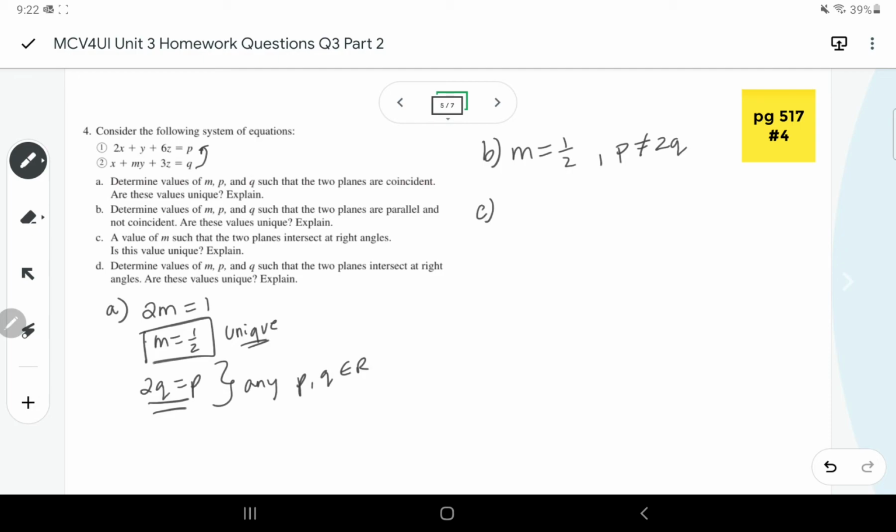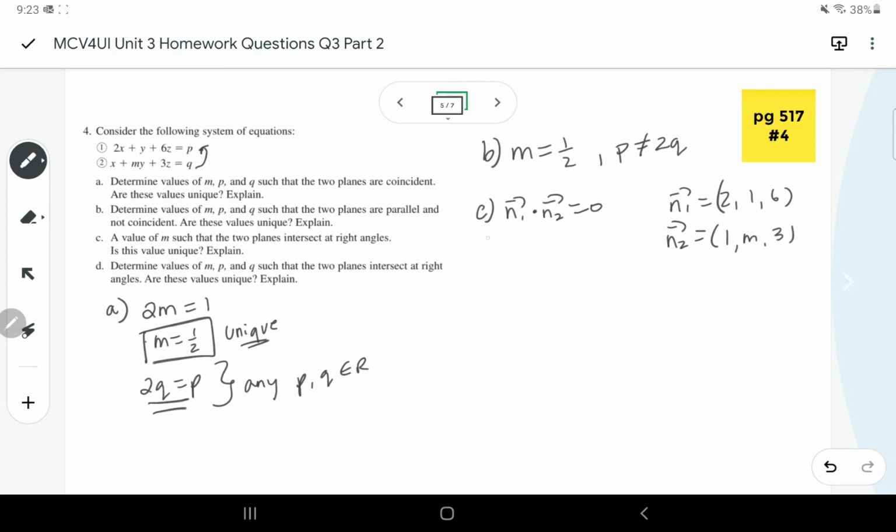And for C, a value of m such that the two planes intersect at a right angle. So here we would have n1 dot n2 would have to equal 0. And we know n1 is 2, 1, 6, and n2 is 1, m, 3.